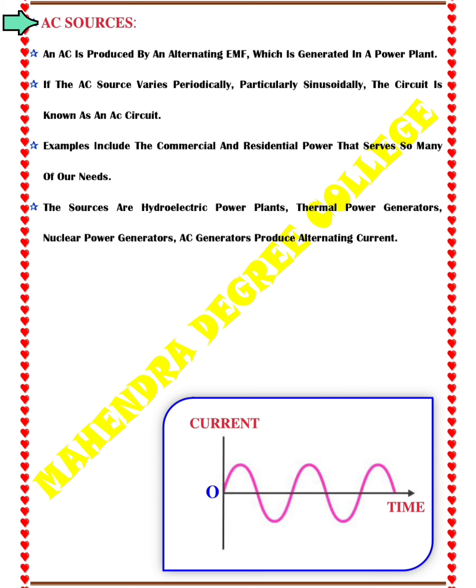Direction and magnitude change with time. Unlike direct current, which is constant, alternating current increases and decreases in magnitude and switches direction.